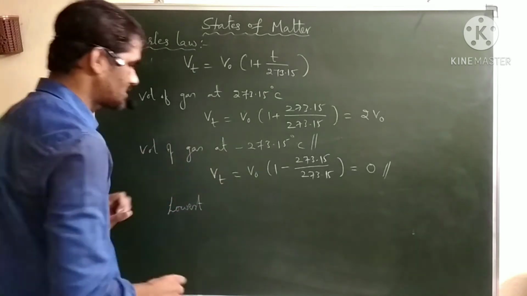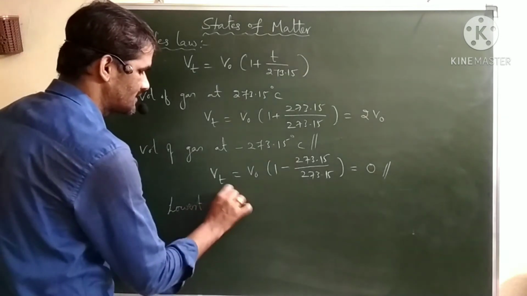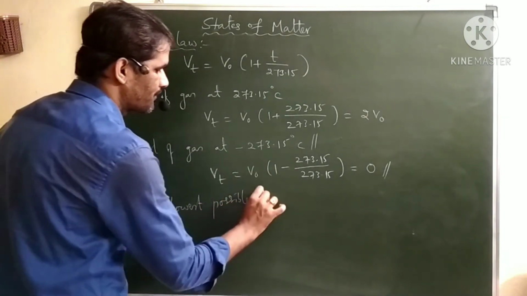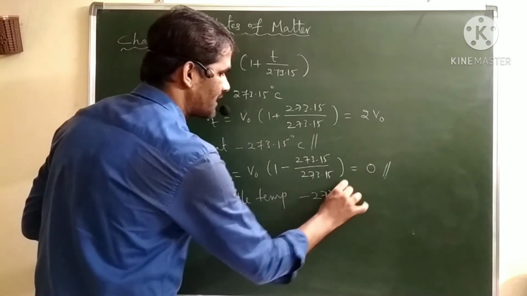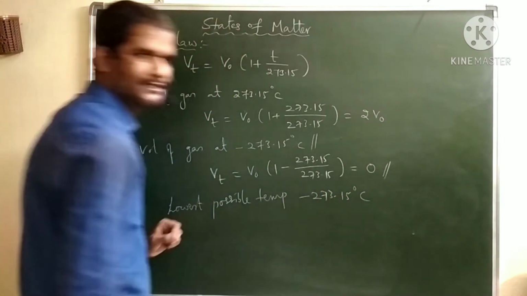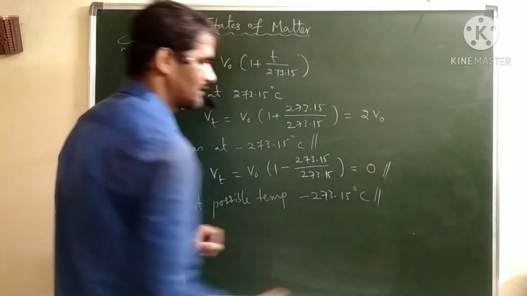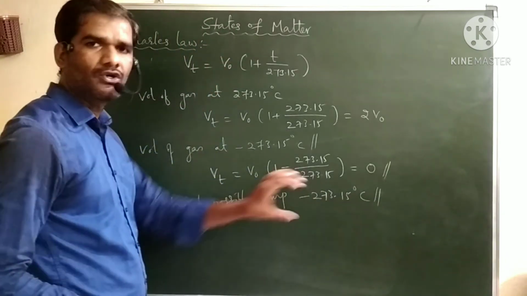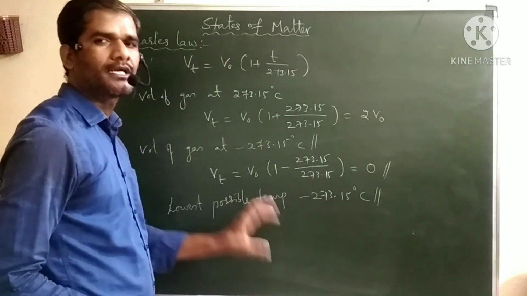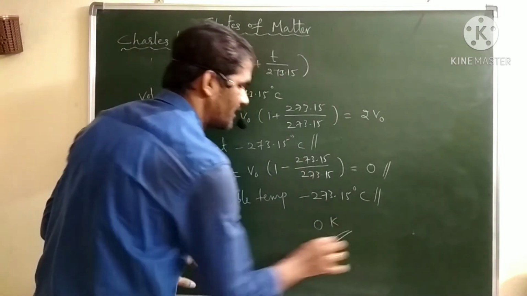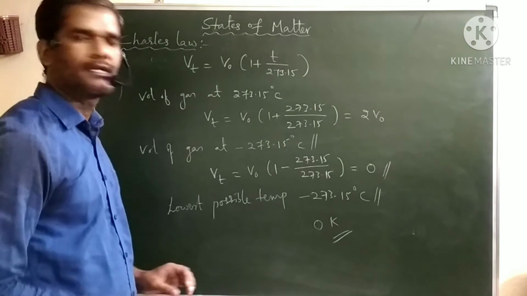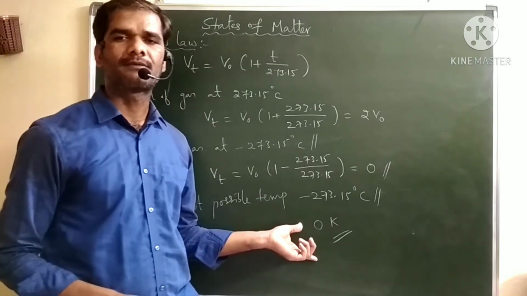So the lowest possible temperature is minus 273.15 degrees Celsius. We can assume this is the starting temperature, which in terms of Kelvin is 0 Kelvin. So we derive the Kelvin scale from 0.